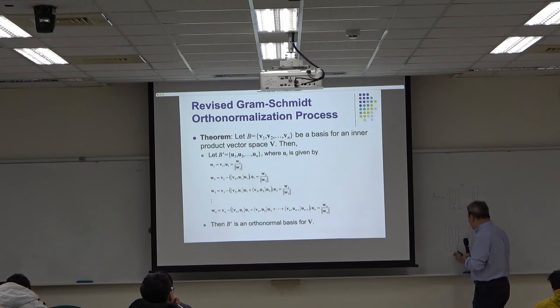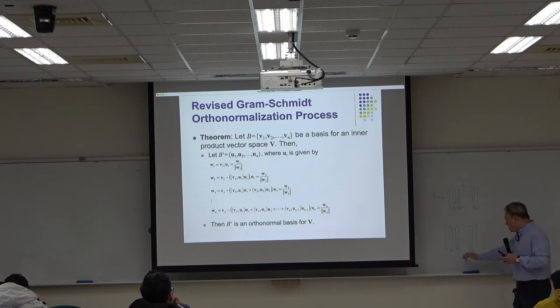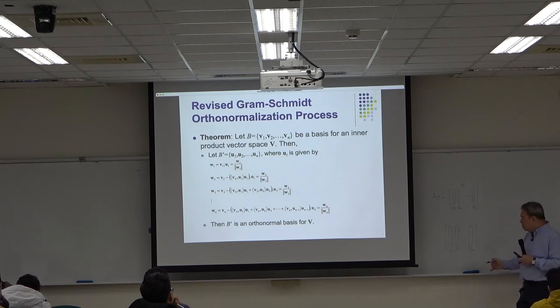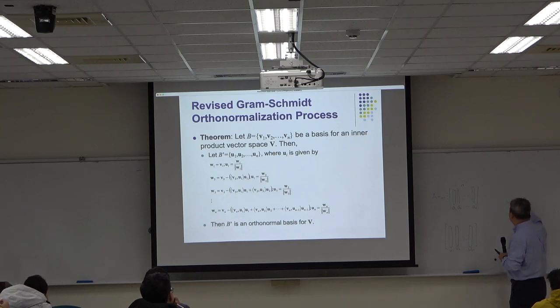If you want to obtain this Wi from A1 to An, which are again column vectors and orthogonal, we know W1 will be A1, and W2 will be blah, blah, blah.